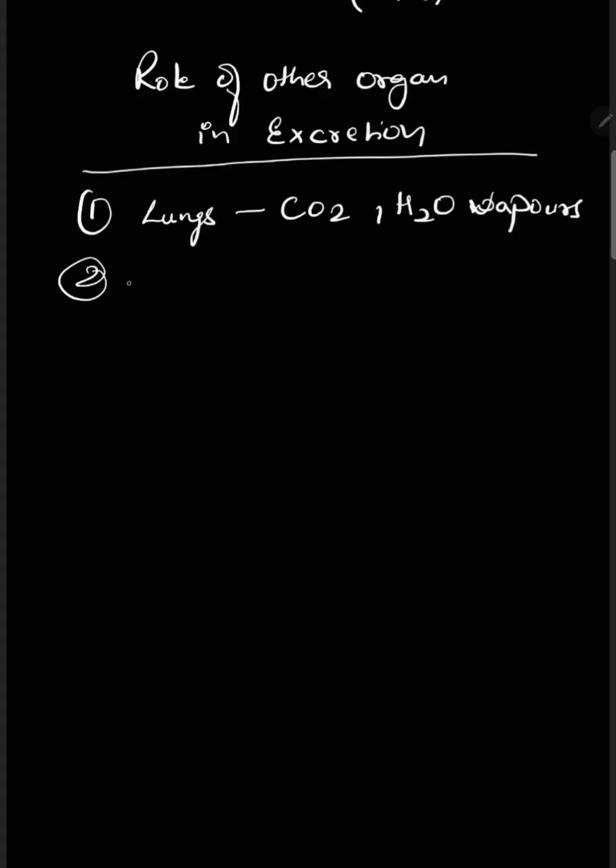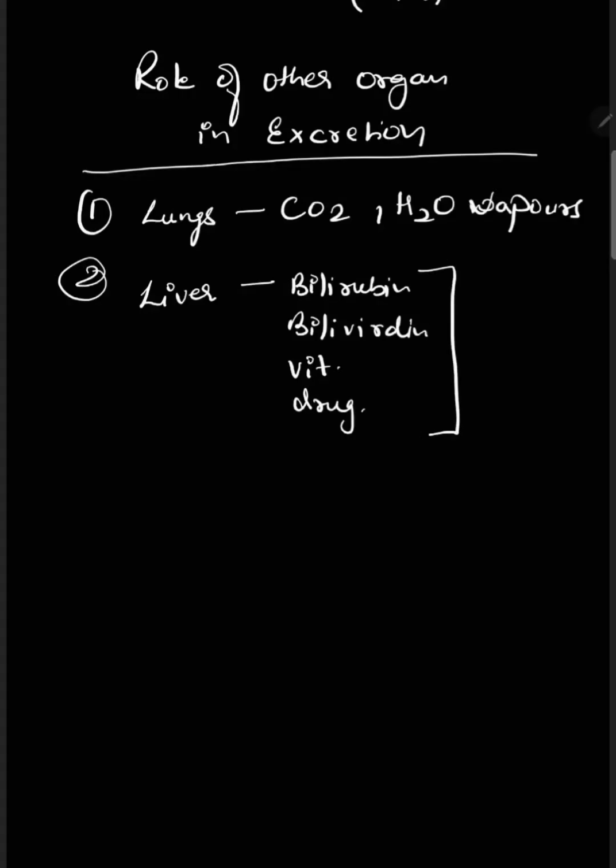Then through liver, through the digestive waste, bilirubin, biliverdin, some amount of vitamins, drugs, all these are produced by liver and then excreted out through the digestive waste.